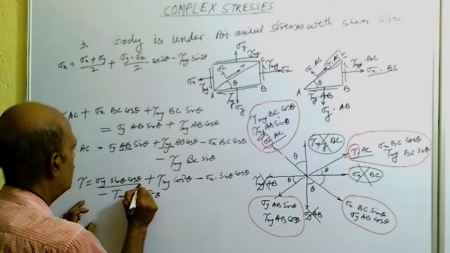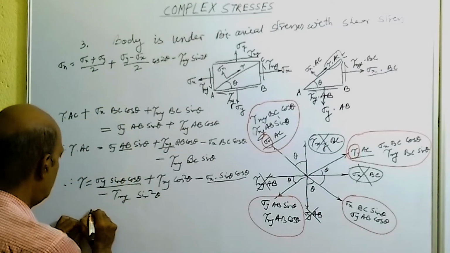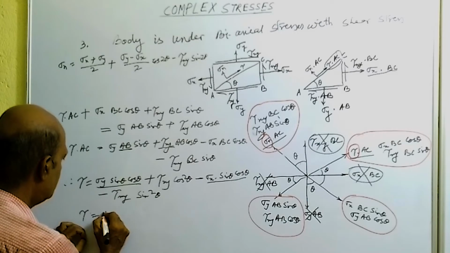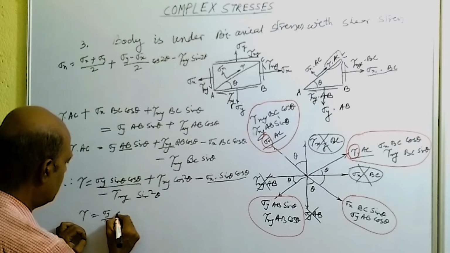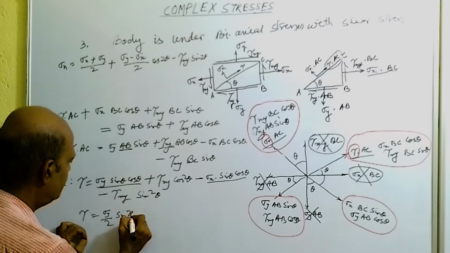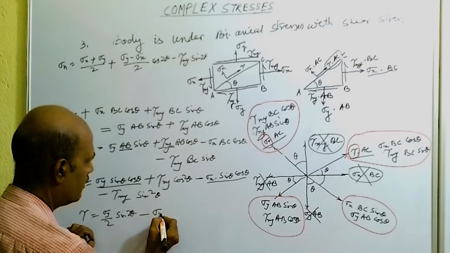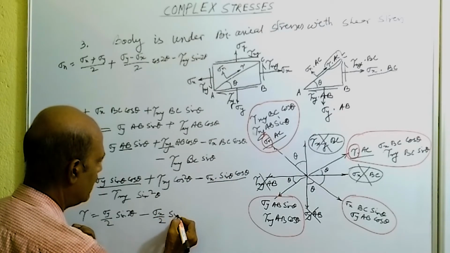So this one and this one we are taking. So tau is equal to sigma y by 2 into 2 sin theta cos theta, that is sin 2 theta, and minus sigma x by 2 into 2 sin theta cos theta, which is sin 2 theta.